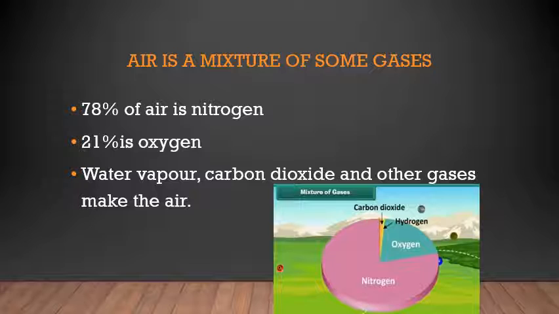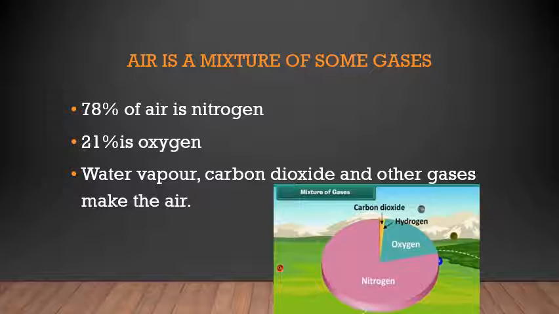Nitrogen is the name of a gas which is present in the air in the highest amount, and only 21% of air is made of oxygen. Then water vapor, carbon dioxide and other gases make the air. All these things together make the air that is present on the earth.